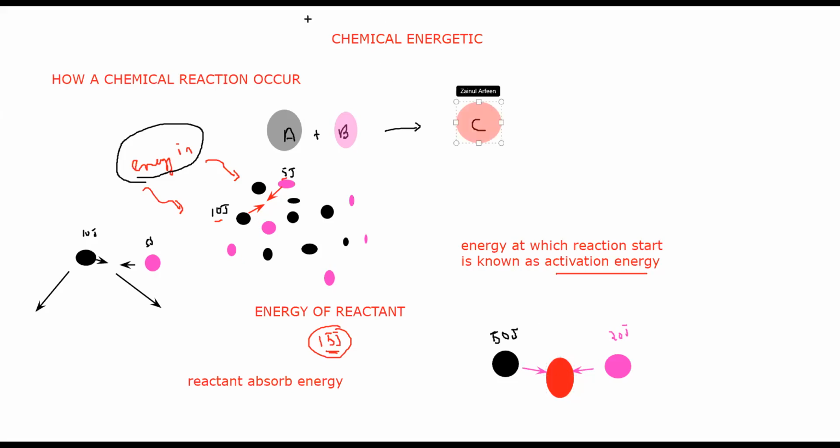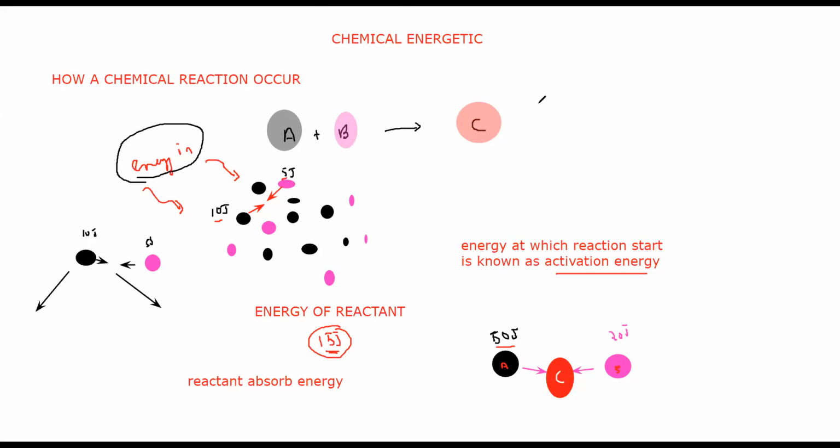So what is the total energy of the particles when they're forming a product C? A has 50, B has 20. So they will form a product C, and this minimum energy for the reaction to start is what we call activation energy.